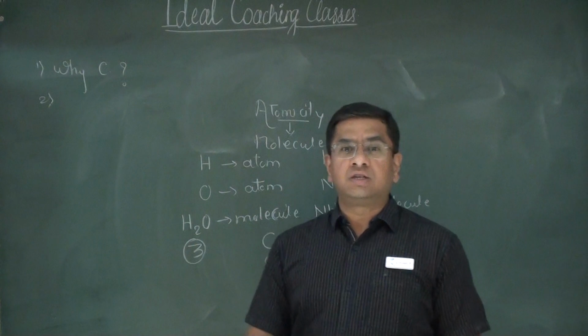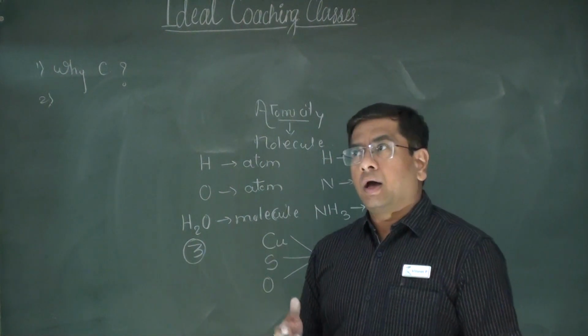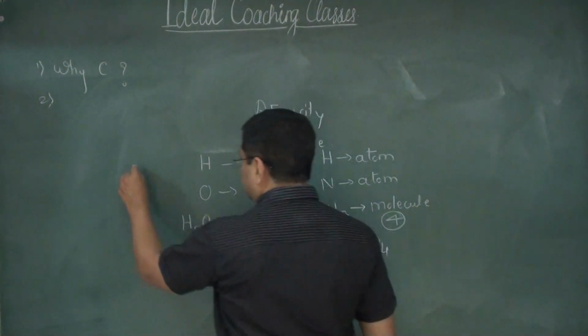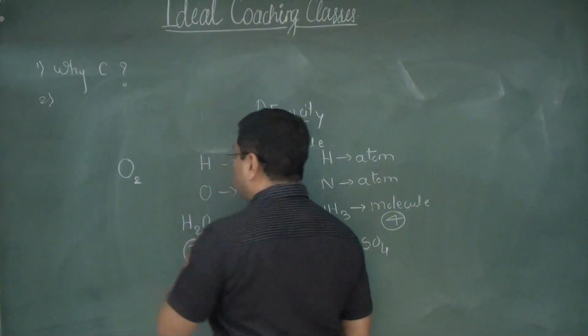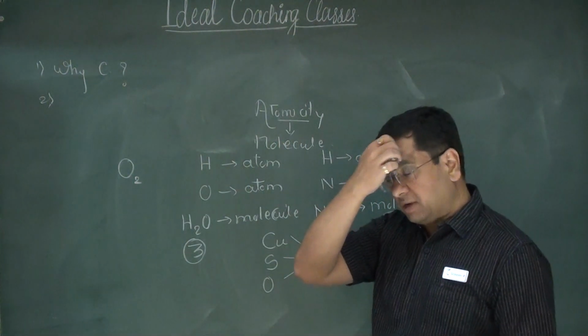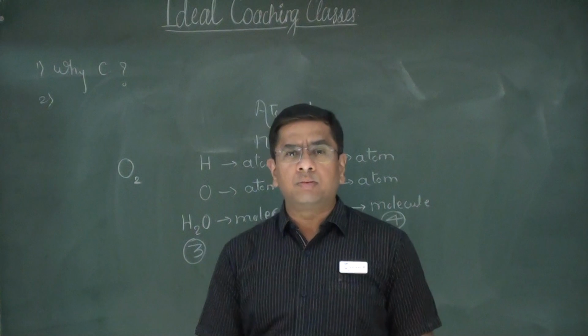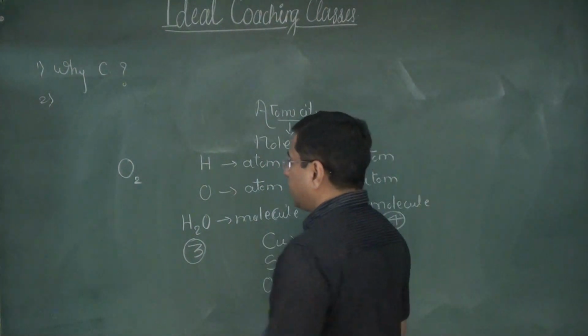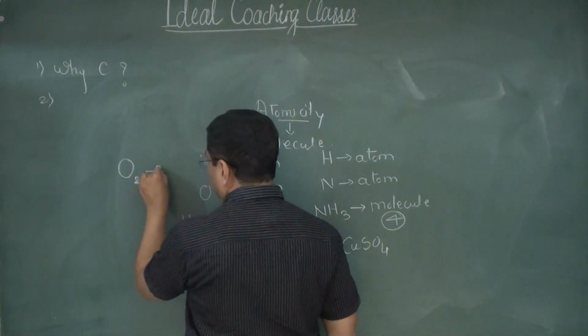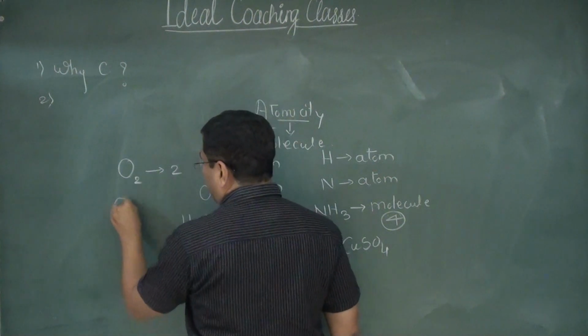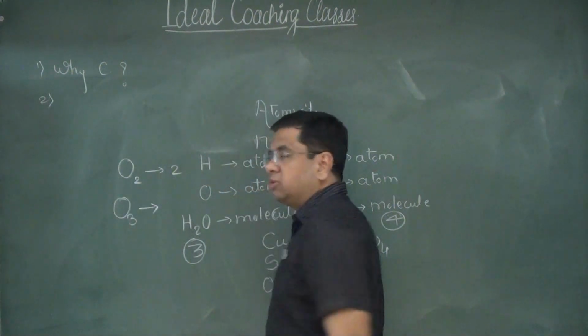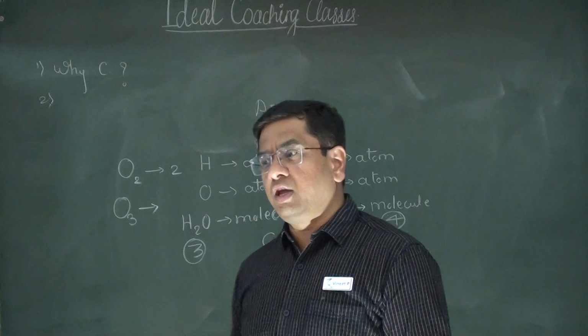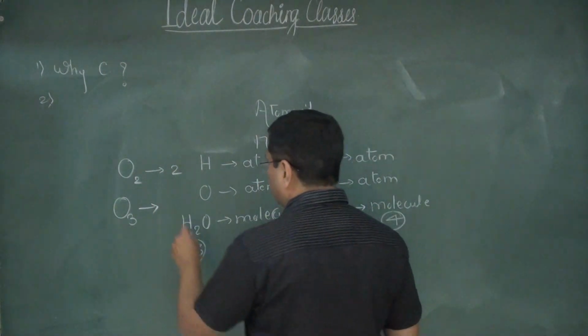What is the atomicity of an oxygen molecule? Oxygen molecule is represented by O2. The atomicity is 2. On the other hand, what is the atomicity of ozone? O3. The atomicity of ozone is 3.